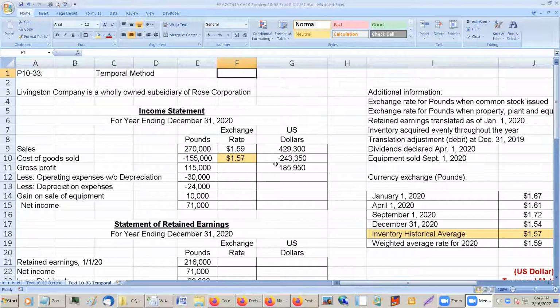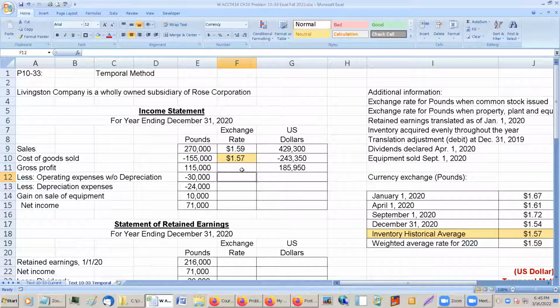It could come about from a number of reasons. It could be the US company needs the dollars to operate. Sometimes companies are not doing well at home, but they're doing bonkers someplace else, and so they transfer money in. It could also be that it's a country that has high inflation. If they have high inflation or an unstable currency, you take the money and as quickly as you can, you translate it into US dollars just because it's a more stable currency. So the temporal method is when you're folding it into your operations more completely.